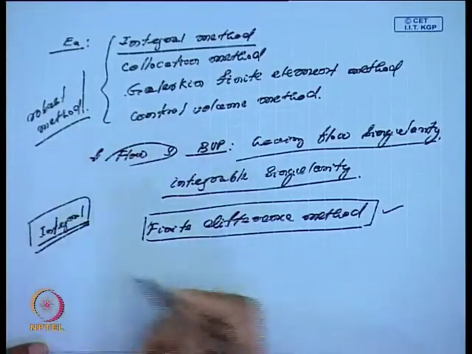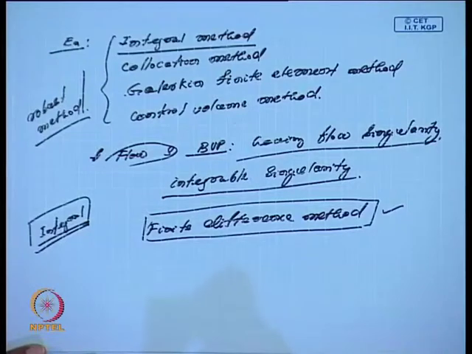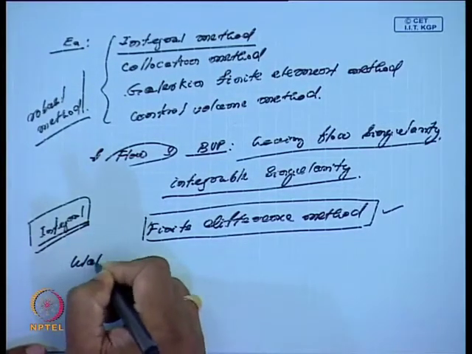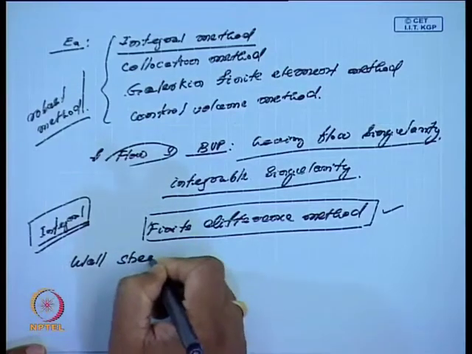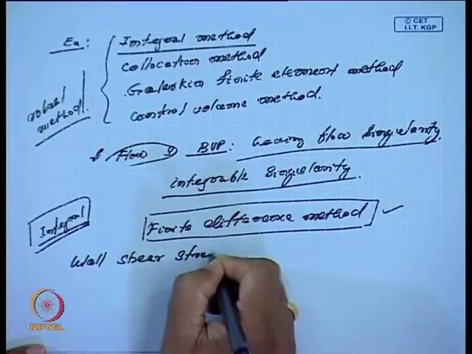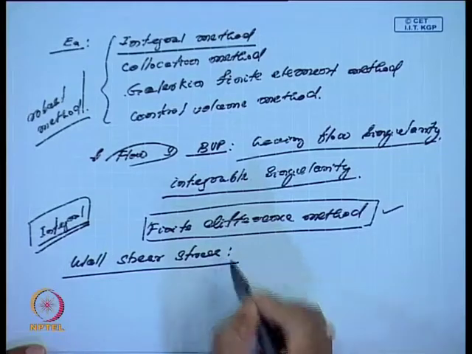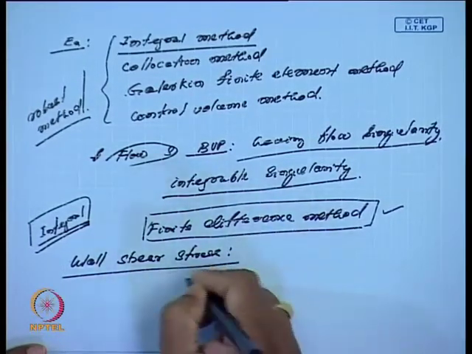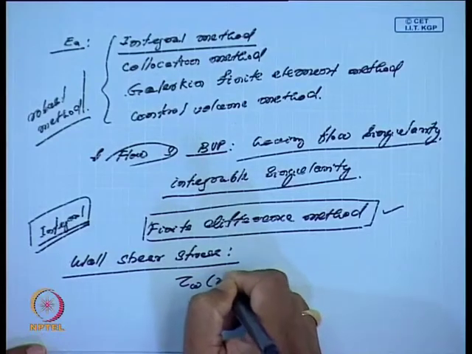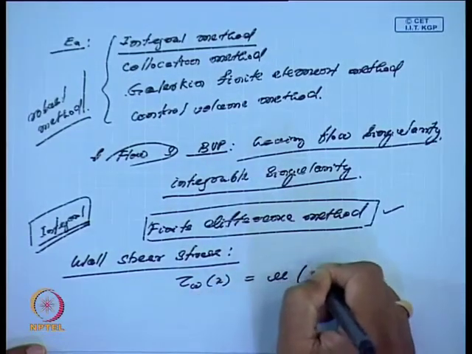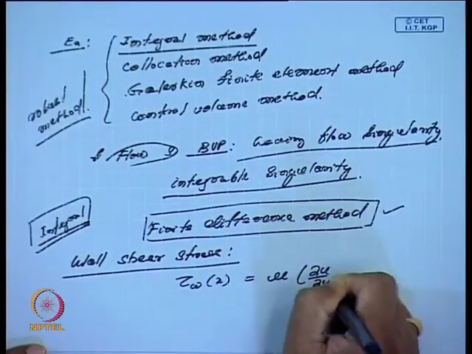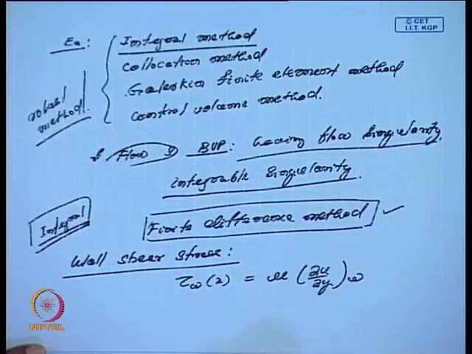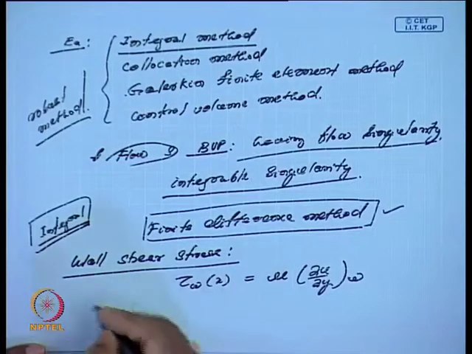Here, before going to solve a problem, let us define a few terms. What is wall shear stress? While I talked about viscous fluid, I have already told that the wall shear stress tau W is defined as mu del u by del y at the wall boundary y W, and sometimes we call it the local shear stress.